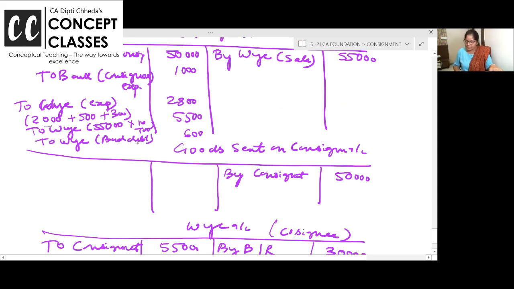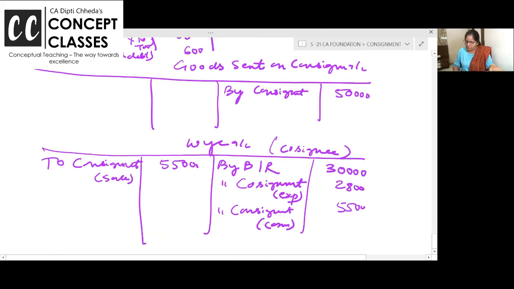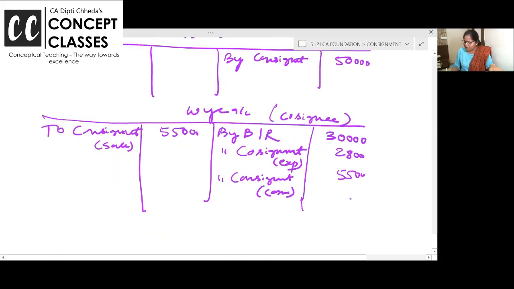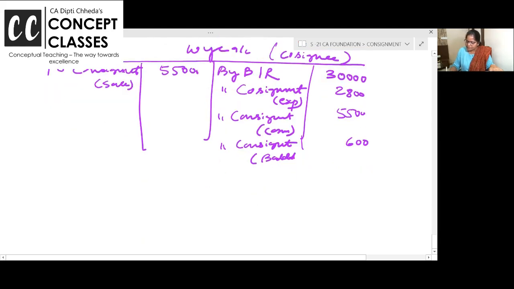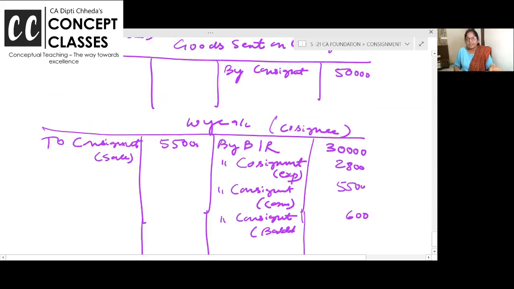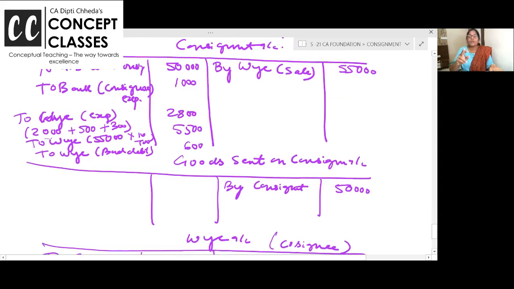You have sold 55,000 of goods, but if 600 are bad debt, you pay less. By consignment, bracket bad debt. Why do you pay me 600 less? Who is going to bear bad debt? I will bear it because I am not paying you del credere commission.